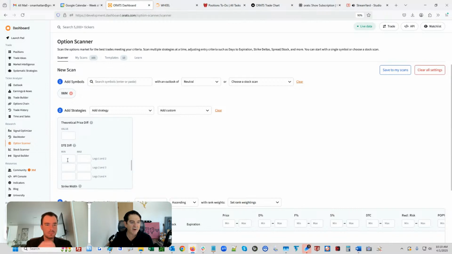So we're going to have a minimum of, let's just say 2 days, and then on this difference, we're going to leg 2 versus leg 3. We have to set that because right now it says 0, 0. We won't get any. So we have to set that.